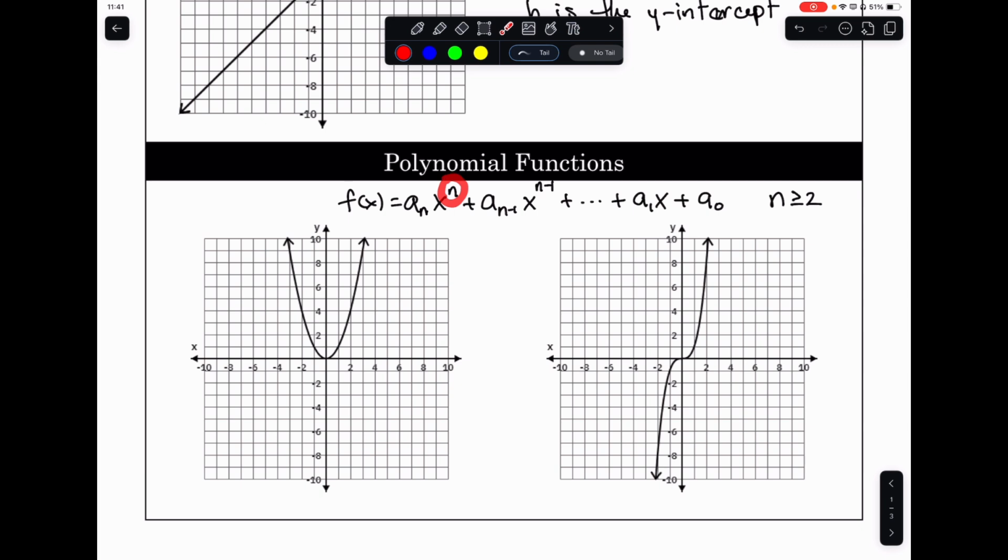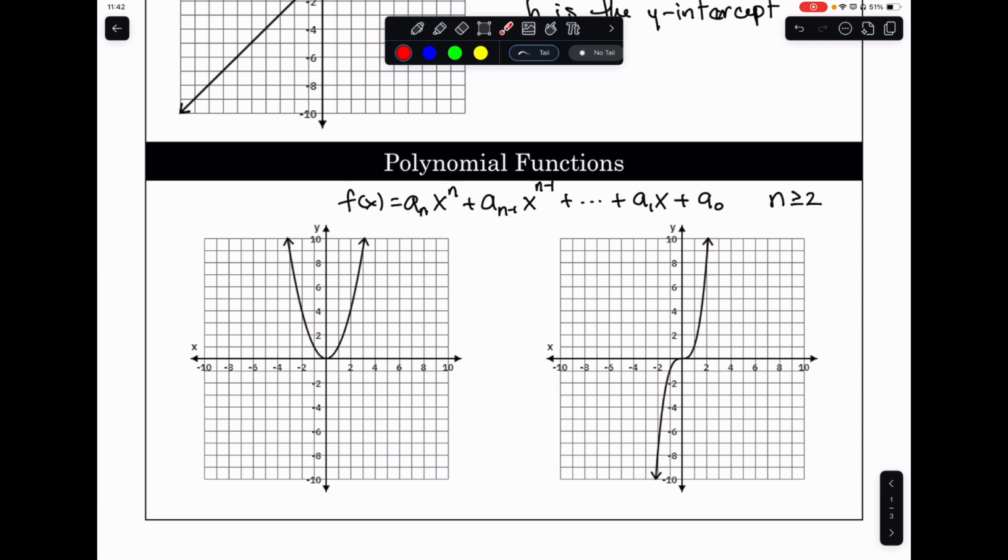If this exponent is an even number like 2 or 4 or 6, then the left side is going to match the same direction that the right side is moving. So if this is a negative number, the right side will be going down. And if this number right here is an even number, whether that even number is 2, 4, 6, or 8, the left side will also be going down as well.